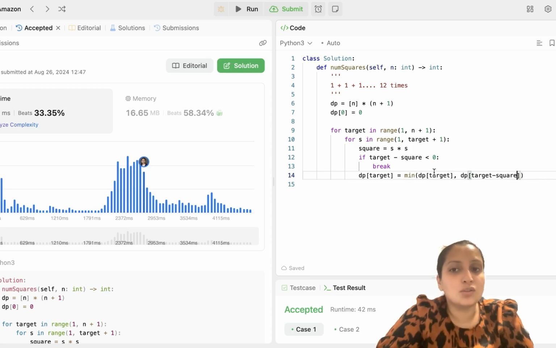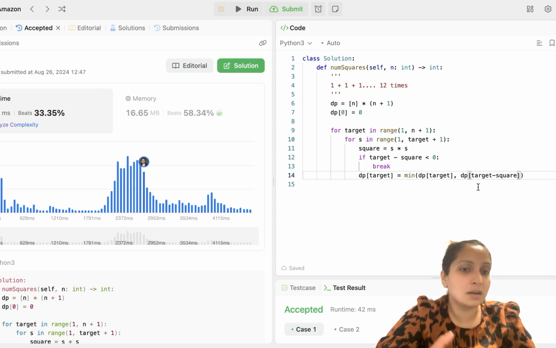Suppose your first choice was to go with the square of 2, that is 4. So 12 minus 4, 8. So your new DP target minus square would be DP of 8. So now you would check how many perfect squares it takes to make 8, not to make 12. So your DP 12 would be minimum of DP 12 and DP 8.